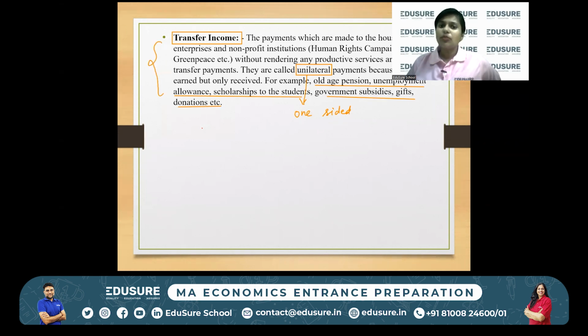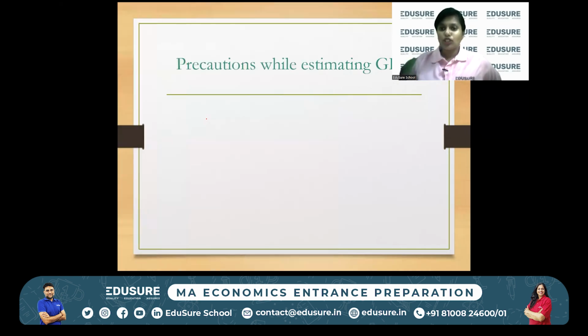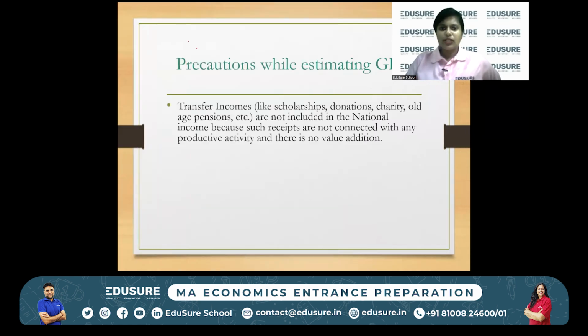They are not part of factor income. All right. So now let's go to the precautions while estimating GDP. So the first precaution is what we just discussed: transfer income like scholarships, donations are not included in national income, because they are not connected with productive activity. It's not because of any work that they are doing.